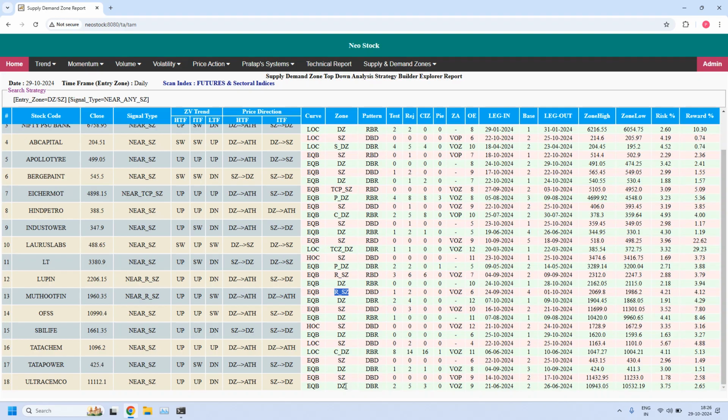So total we identified 3 high liquidity daily supply zones from this list. HR Motor, Lupin and Muthoot Finance.